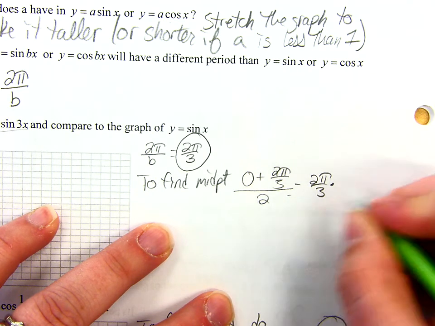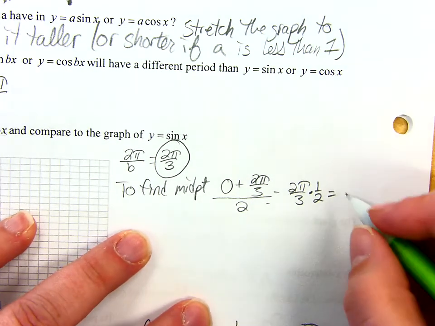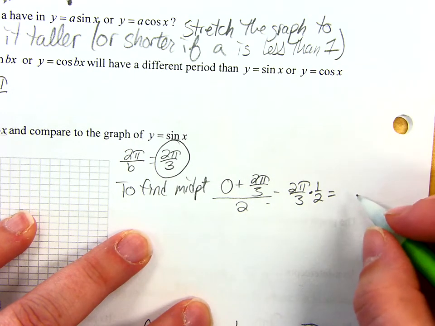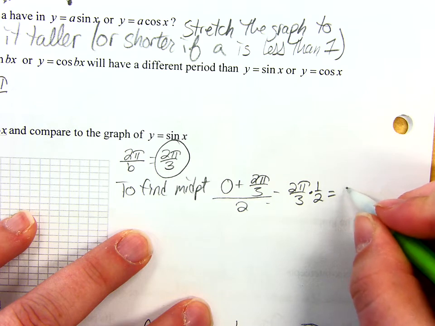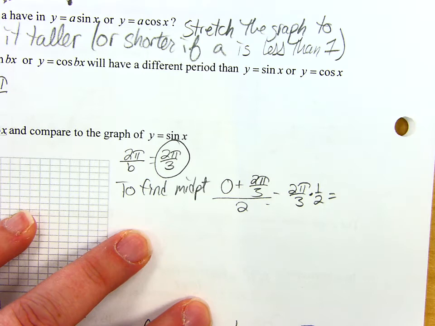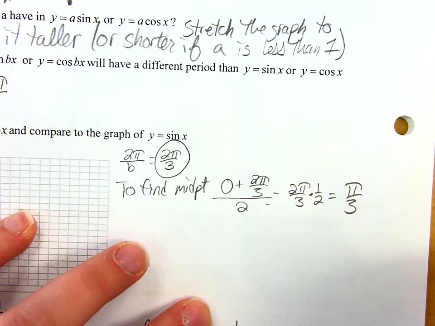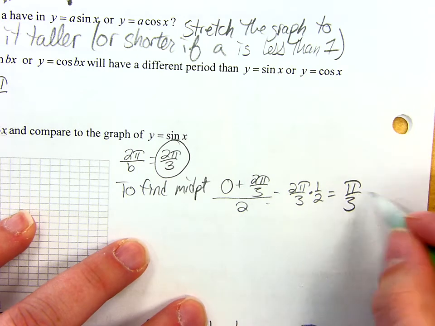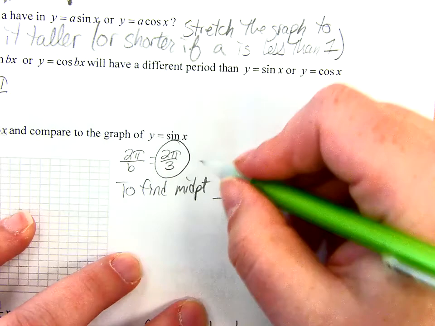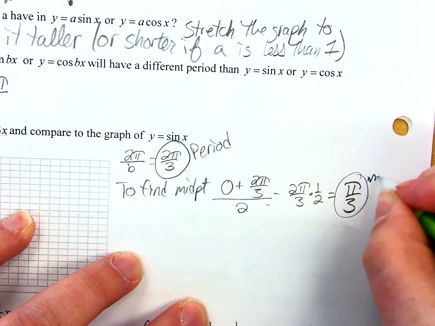And then instead of dividing by 2, I'll multiply by a half. So it looks like my midpoint is actually, what's that become? 2 pi over 6, which is really pi over 3. So there's my midpoint. So there's another important point. So there's my period, midpoint.